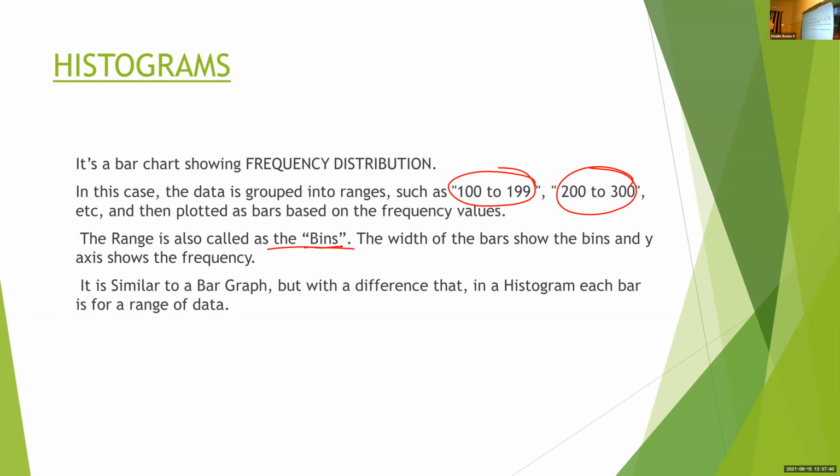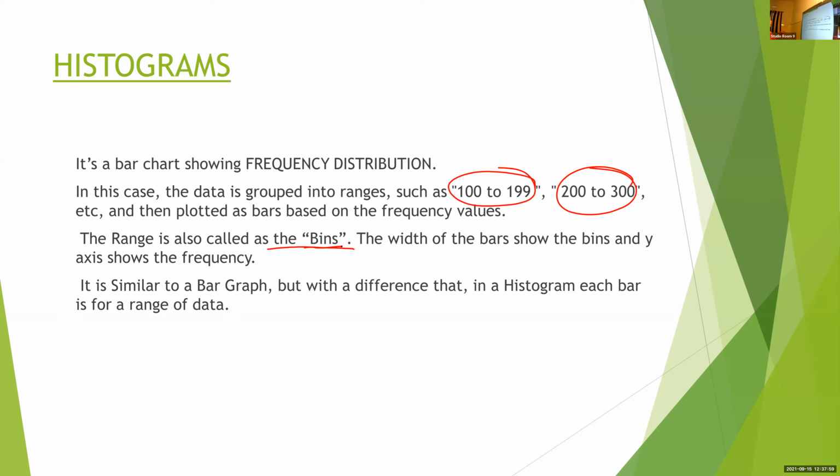It is similar to a bar graph, but you note this difference. In a histogram, each bar is for a range of data. Using a histogram also, we can draw just like a bar chart.